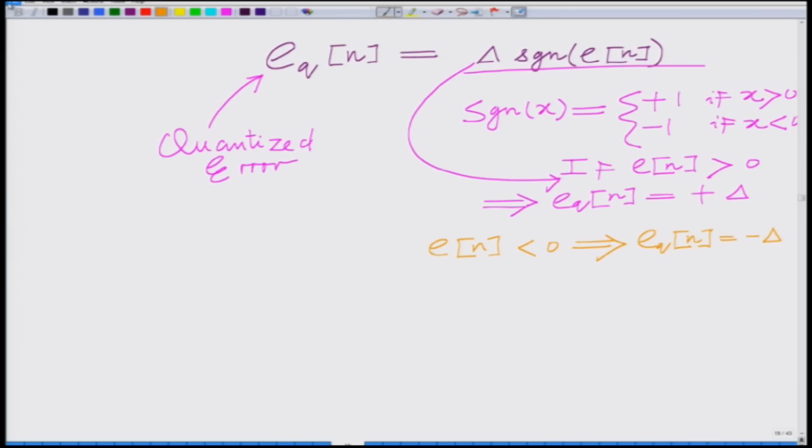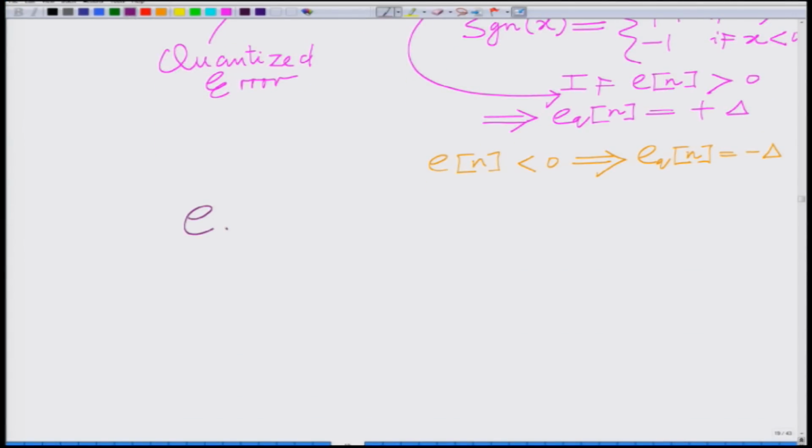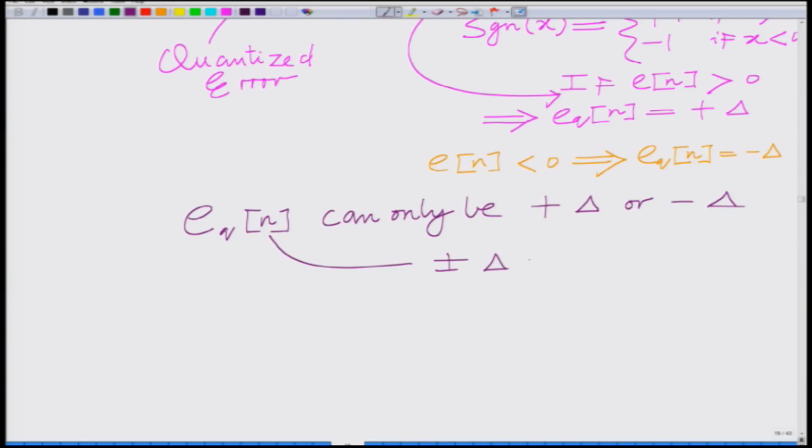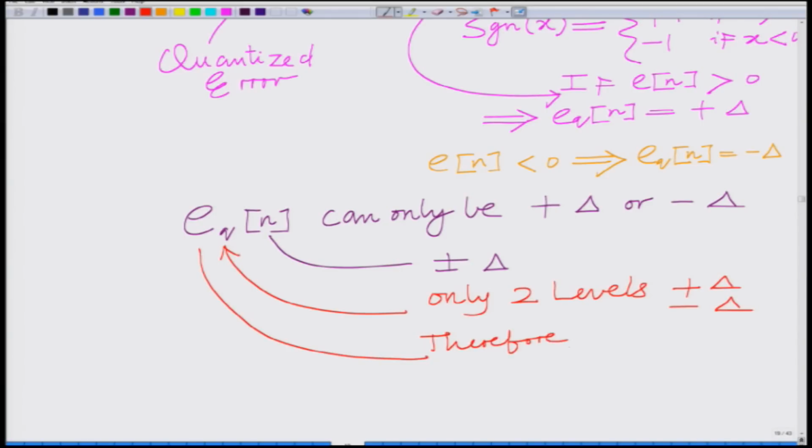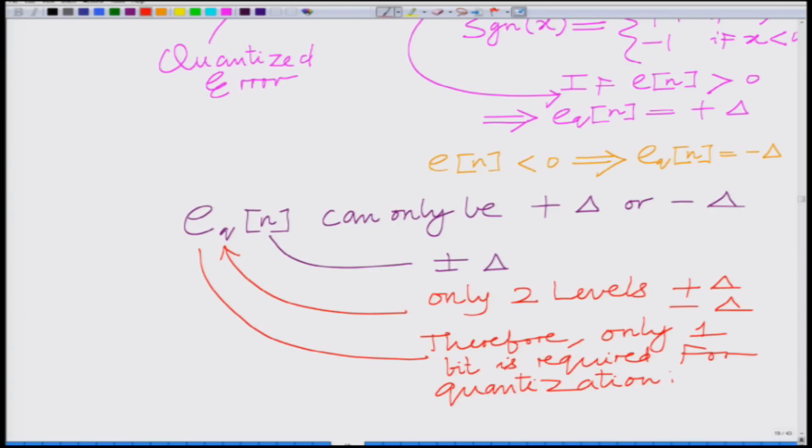Remember, what we are quantizing is the difference, EQ[n].